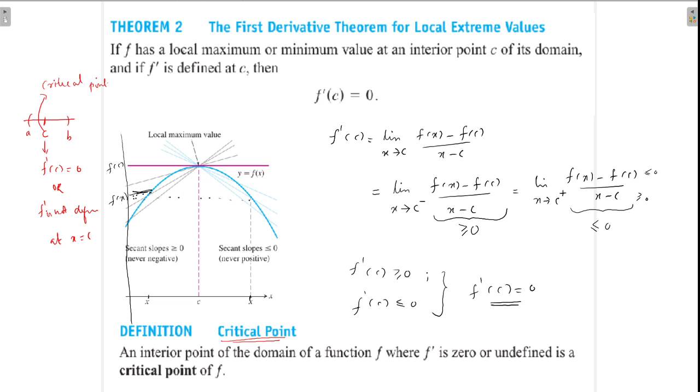As soon as you understand this theorem, you can say that at the extreme values f dash is 0 if f dash exists. So we can classify all those points c such that either c is a point of extrema, or at the point c the derivative does not exist for f. The points with these properties are called critical points.